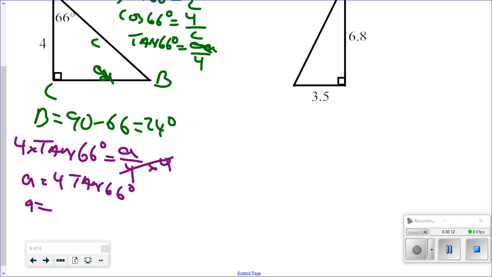General rule, 4 decimal places for trig functions, 2 decimal places for a side length, 1 decimal place for an angle. Why they're all different, I don't know, but generally speaking, if I'm looking for 2 sides, side A would be 8.98.